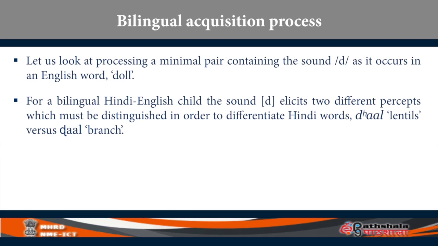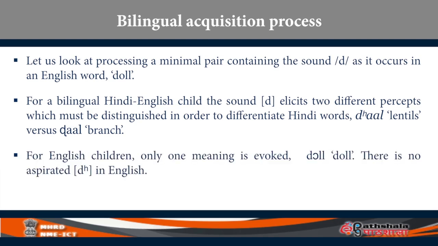Because in Hindi, there is a distinction between da and dha. Da as in dal, lentil, versus dha, dal, that is branch. In Hindi, you have to hear those sounds differently. Whereas for English, da is da, that's it, there is only one percept. For English children, when they hear doll, they hear just one percept, da. They don't have dha.